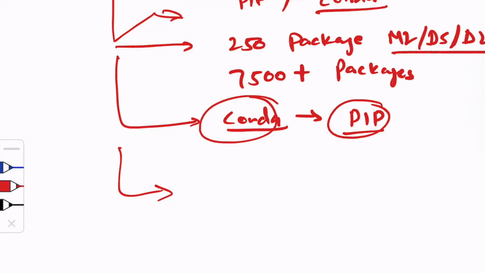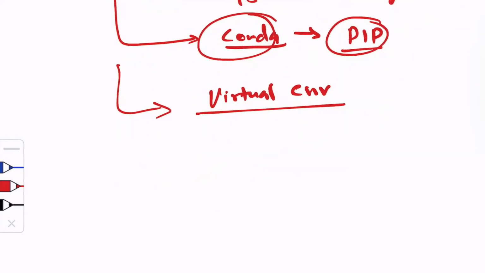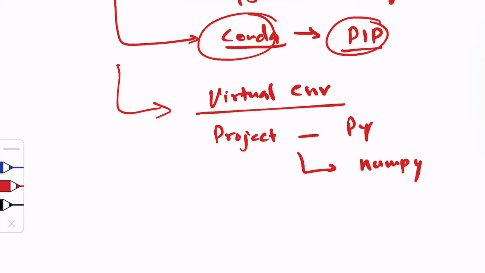The fourth is the concept of virtual environment. Now, what is a virtual environment? Suppose you're learning or creating a project, and this project is using a particular version of Python and a particular version of the Numpy library. You do not want to install this version of Python and this version of Numpy on your base install. If you do that, all your programs will start using the same thing. What you can do is create an isolated environment.